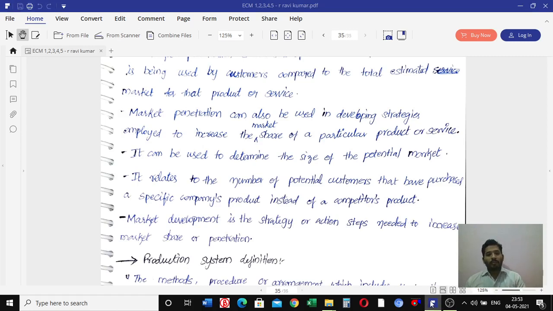Market development is the strategy or action step needed to increase the market share or penetration.